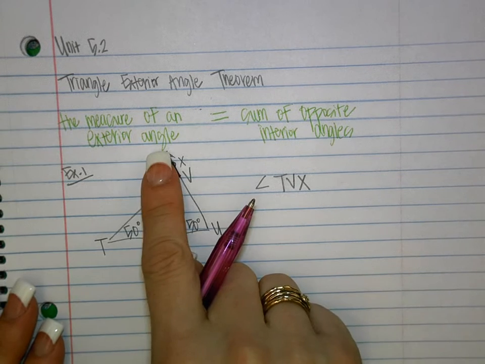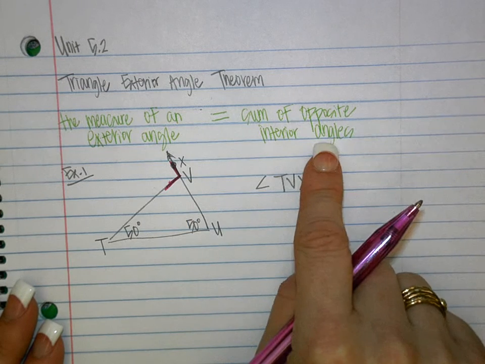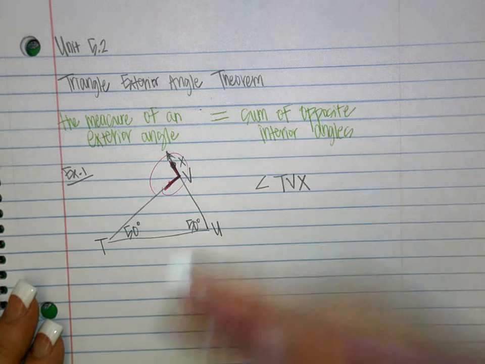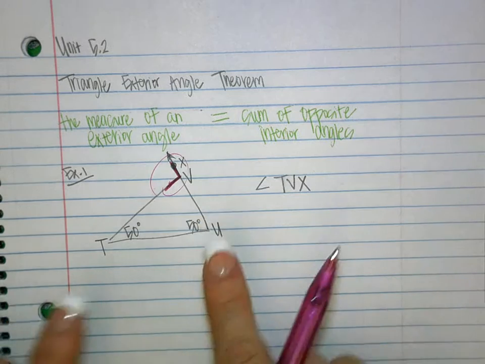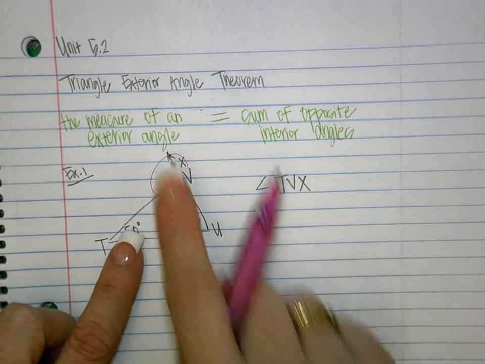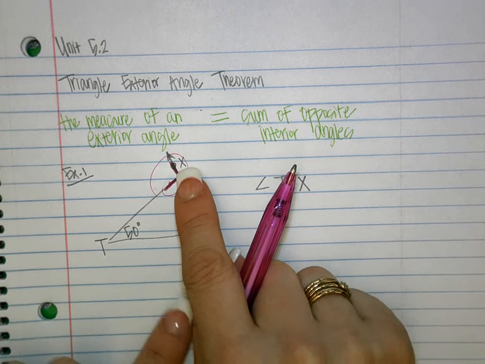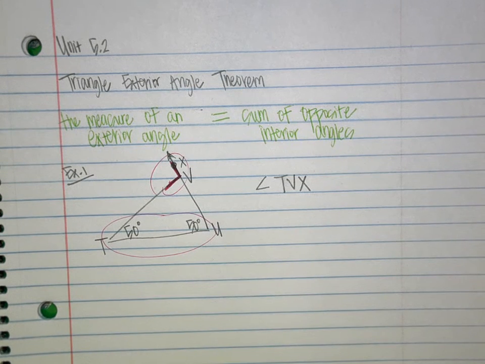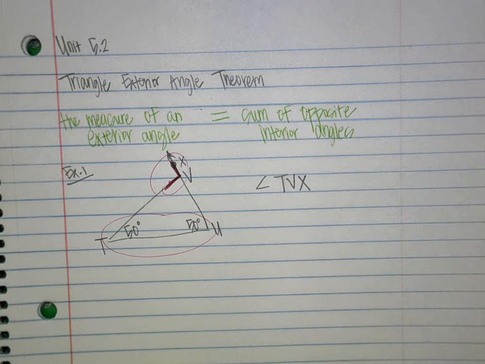Now, according to this exterior angle theorem, the measure of this angle is equal to the interior angles inside the triangle opposite from it. So the measure of this angle is equal to these two added together. To actually do the math, it's really easy. The setup is the harder part here.